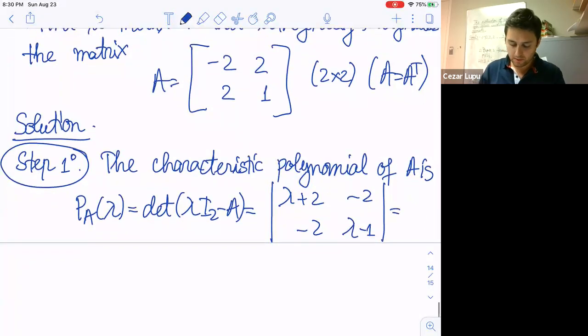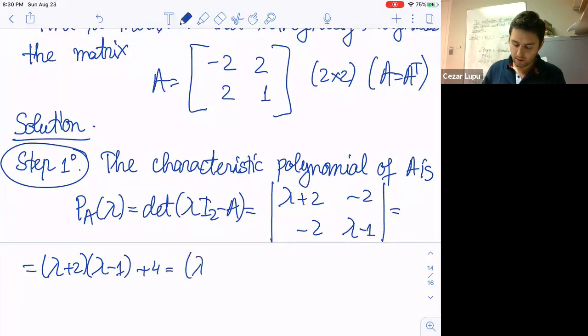Once we compute this, this will be lambda plus 2 times lambda minus 1 minus 4, which will give us, if you do the computations, lambda plus 3 times lambda minus 2. Okay.